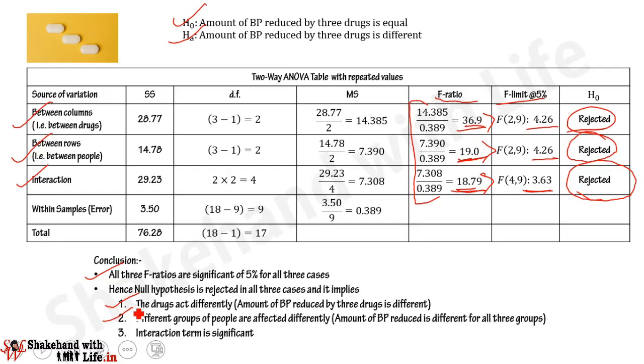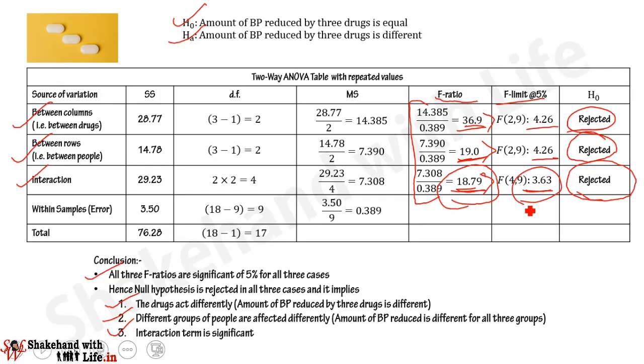Okay, now the third case is the interaction term. For the interaction term, we already saw that the F ratio is much greater than F limit, and in that case H0, the null hypothesis, is already rejected.